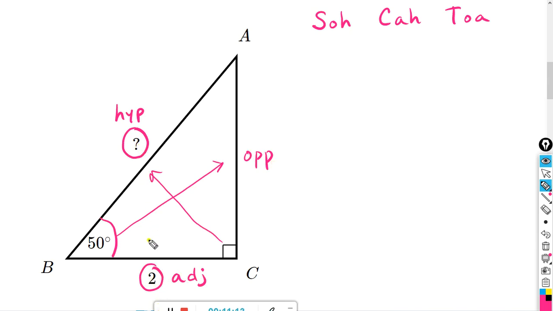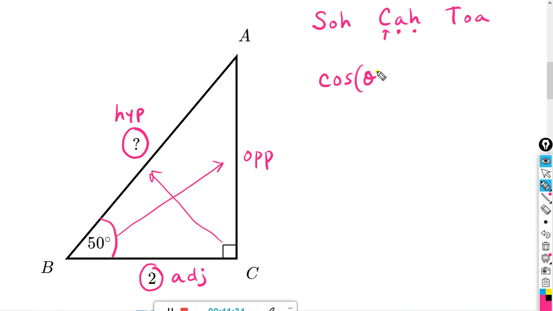So the two sides that we're dealing with are adjacent and hypotenuse. So A and H, which formula are we using? This one right here, adjacent and hypotenuse. That's the cosine.